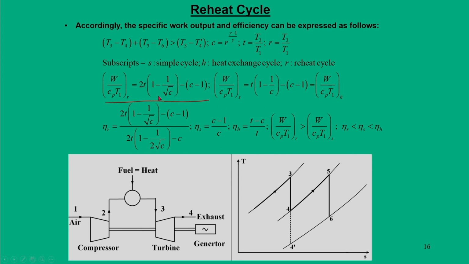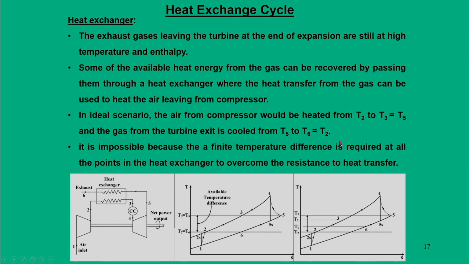Similarly, for a reheat cycle the specific work is higher than the simple cycle. So it has been proven mathematically that in a reheat cycle the specific work output is higher, but the efficiency drops.